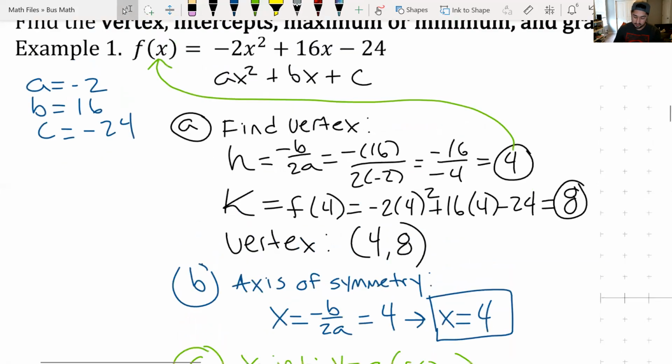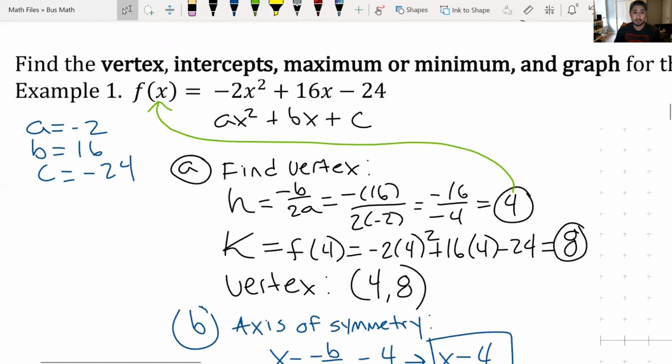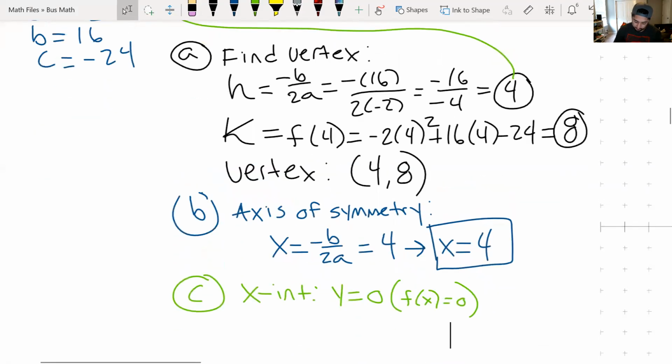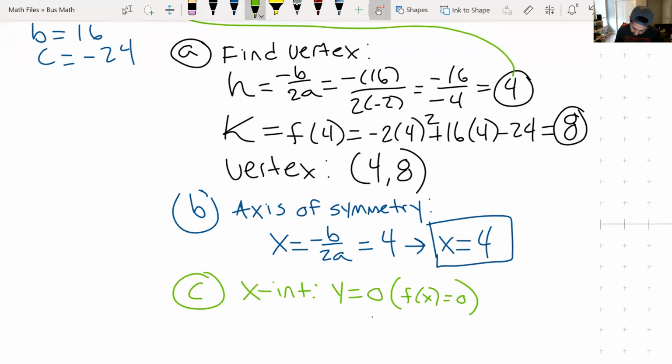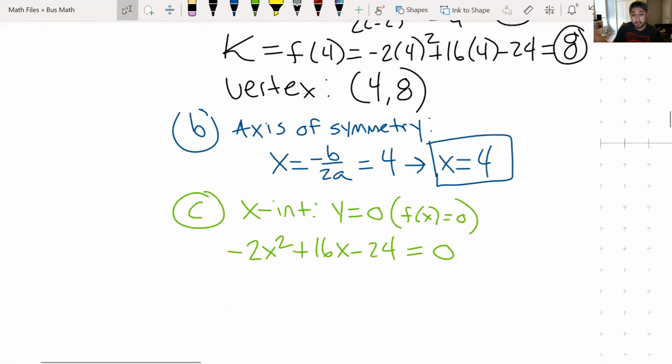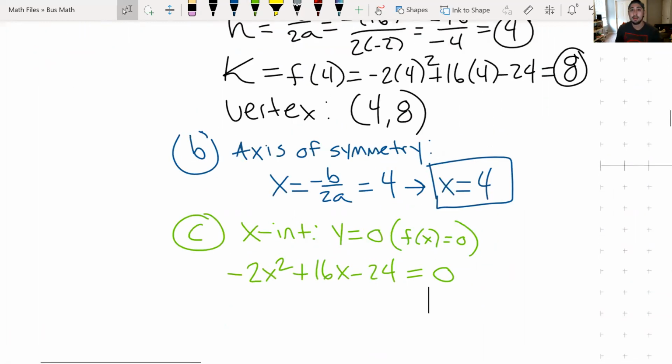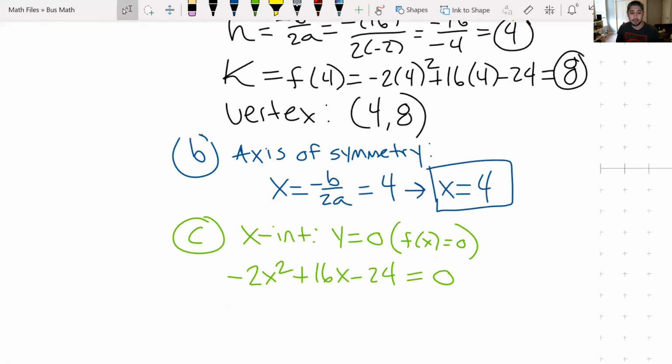So we take the function negative 2x squared plus 16x minus 24. Set it equal to 0. Okay, and now we want to solve this by factoring. So hopefully if it factors. If it doesn't, then I'll show you another method, which is really nice. But let's see if we can factor this.